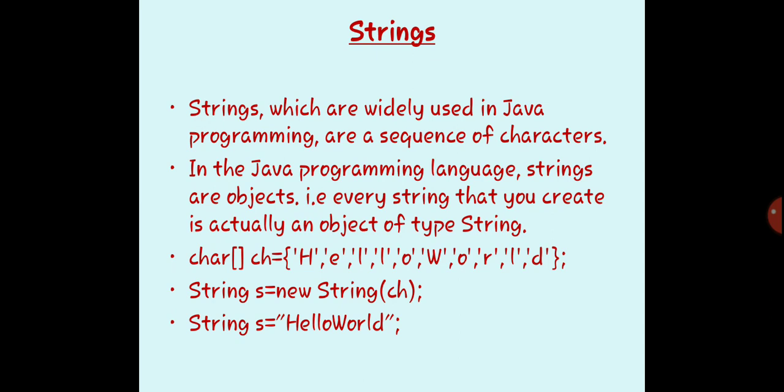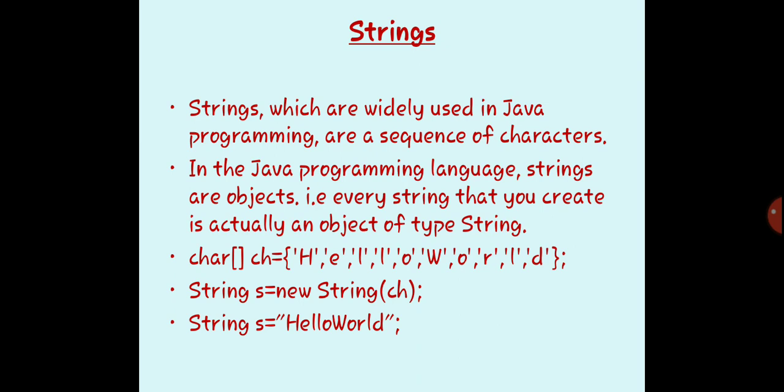In Java, a string can be defined as an array of characters. See here, char, then open and close square brackets, space ch equals hello world. Within braces, we give every character in single quotes, separated with commas.